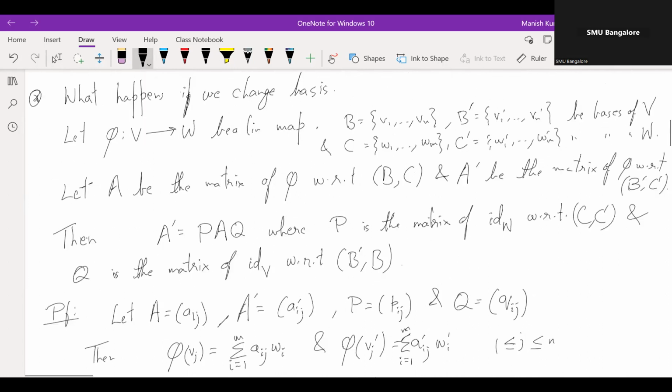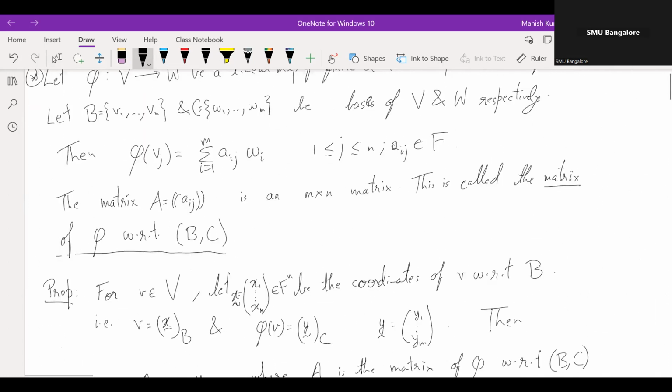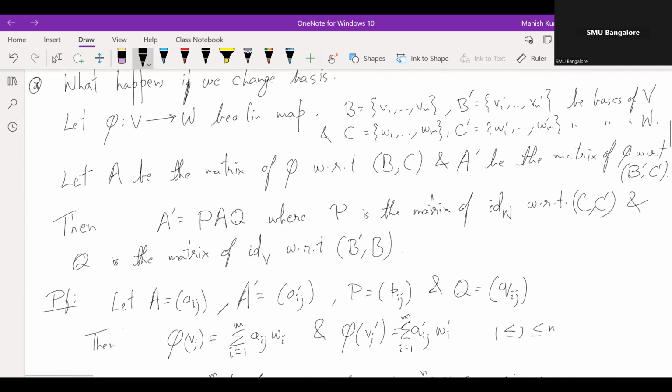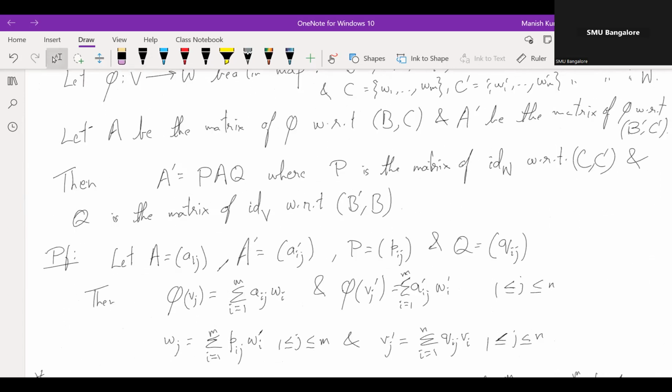This was the definition: A is called the matrix of phi with respect to B, C if phi Vj is the summation of Aij Wi. We are just copying that down here.